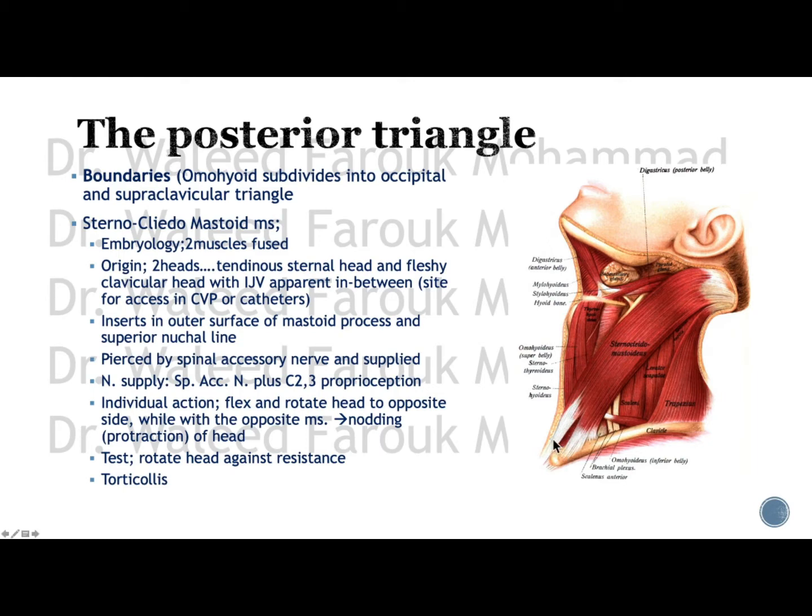The medial head is tendinous, a rounded tendon arising from the manubrium of the sternum, and a lateral, rather fleshy, broad head arises from the medial third of the clavicle. The two heads join together and form the bulk of the muscle that runs upwards and backwards to the surface of the mastoid process, backwards along the superior nuchal line to meet the edge of the trapezius.